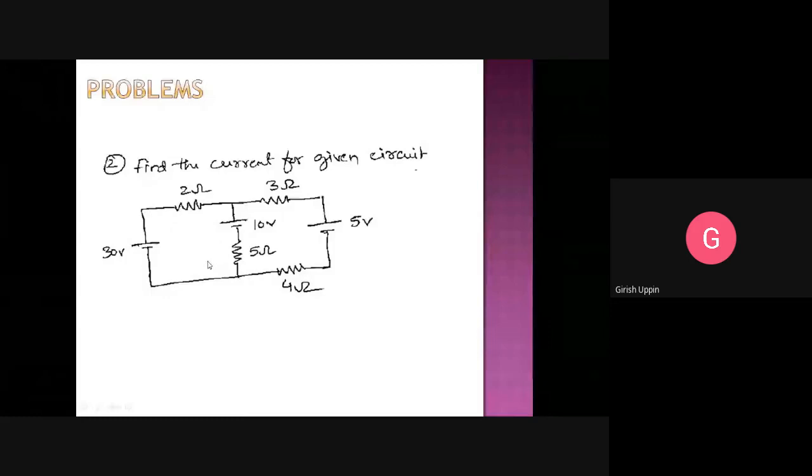For every loop that is present in the circuit, you have to use the same direction. So the direction of tracing here is clockwise, and here it is clockwise. And once you do the marking of the nodes and the direction of tracing, the next step is to mark the currents.